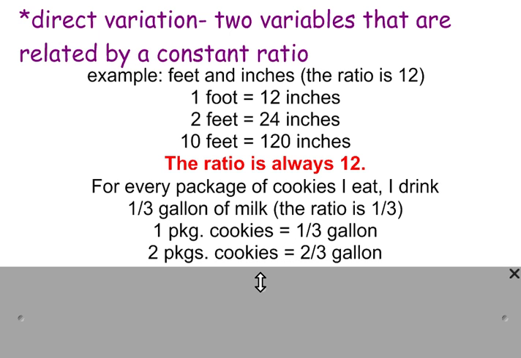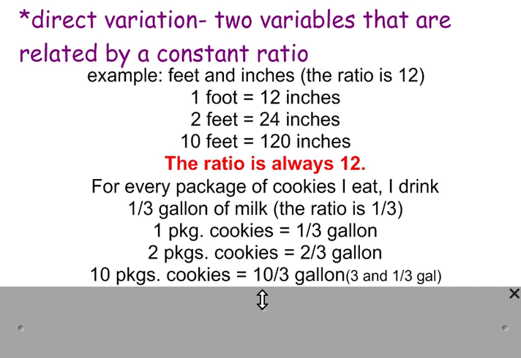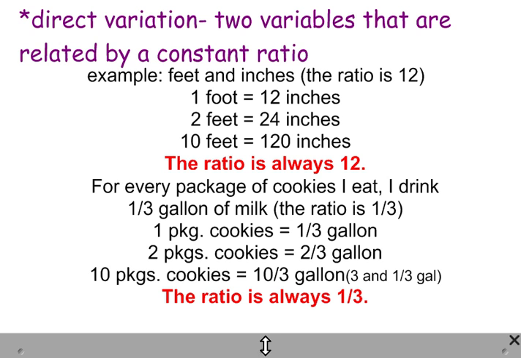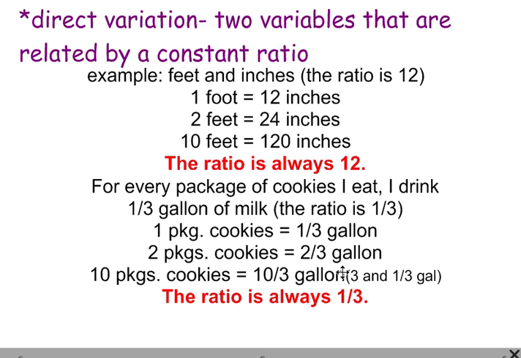If I'm eating 2 packages of cookies, I'm drinking 2/3 of a gallon of milk. And if I were to eat 10 packages of cookies, in addition to a tummy ache, I would be drinking 10/3 gallons, which translates into 3 1/3 gallons. But the ratio is always 1/3.